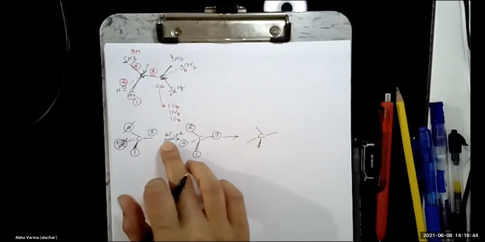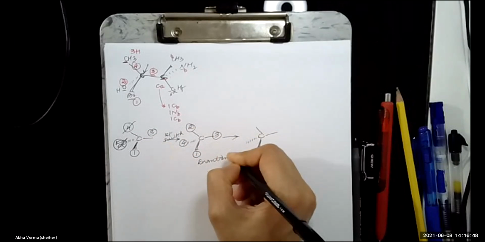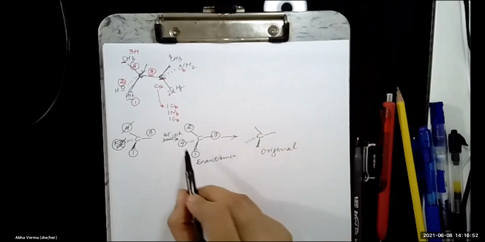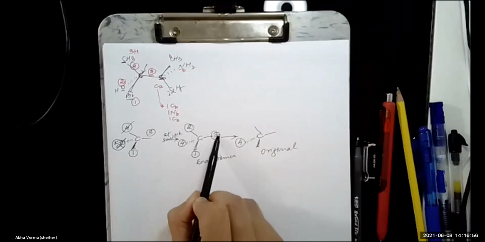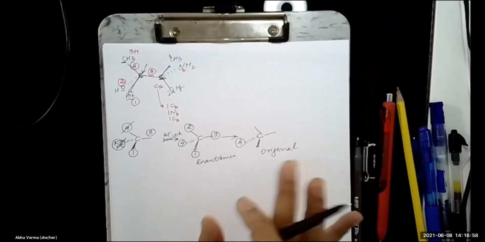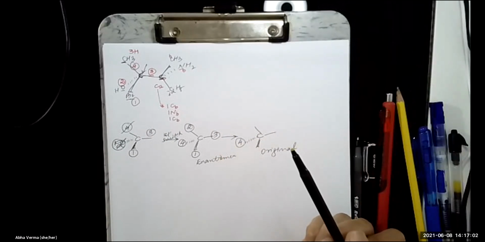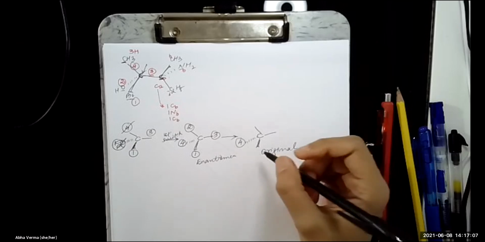Now this making first switch gives me the enantiomer. I need my original molecule. And so I'm going to keep my number 4 at the back and I will switch any other two groups. So usually what I do is, if I have moved 2 and 4, I will then move 1 and 3.